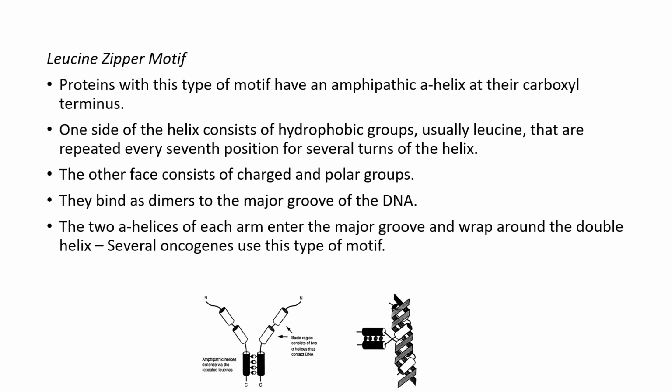Meanwhile, on the other face of the helix are charged and polar groups, which are generally hydrophilic in nature. They bind as dimers to the major groove of the DNA, and the two alpha helices of each arm enter the major groove and wrap around the double helix of the DNA. This is a common motif found in several oncogenes.